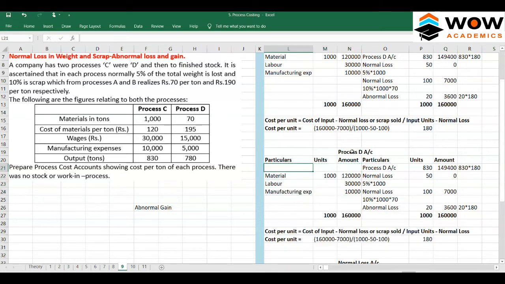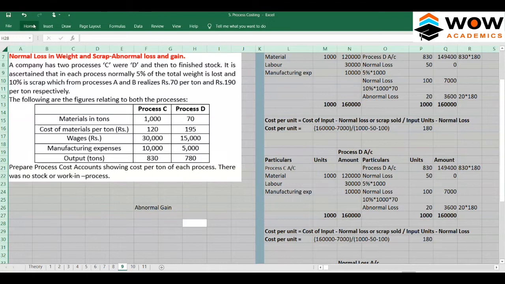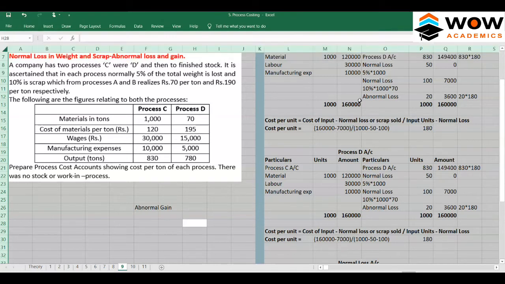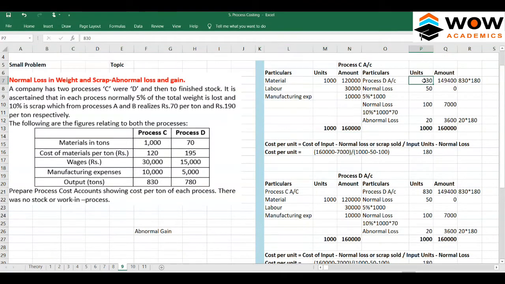It's going to be from process C account. So whatever you transferred to process D will now come inside process D.